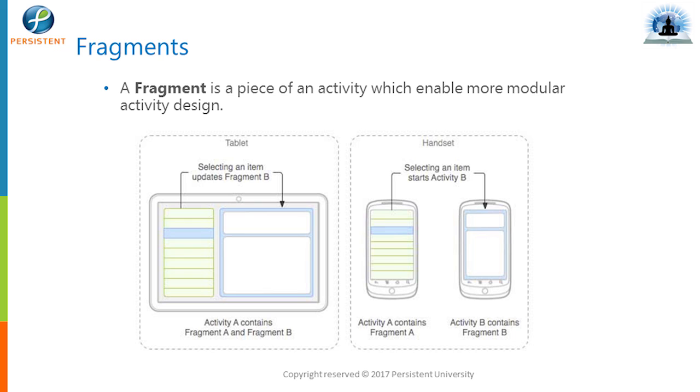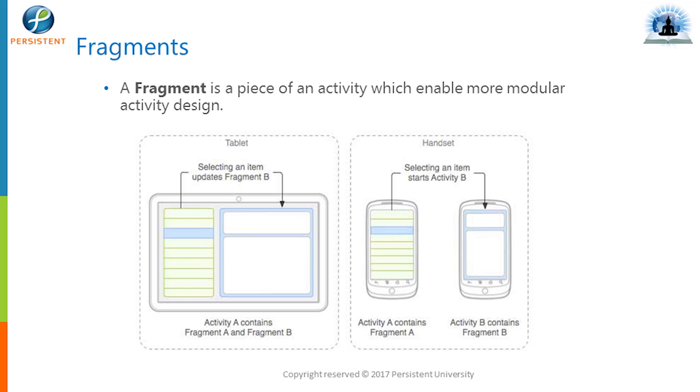But the introduction of fragments gives the screen design more flexibility and removes the limitation of having a single activity on the screen at a time. Even now, there can be only one activity on the screen, but each activity can comprise multiple fragments, which will have their own layout, events, and a complete life cycle.